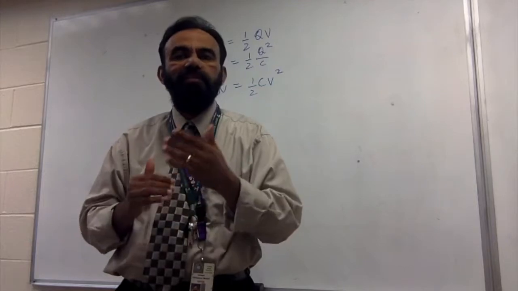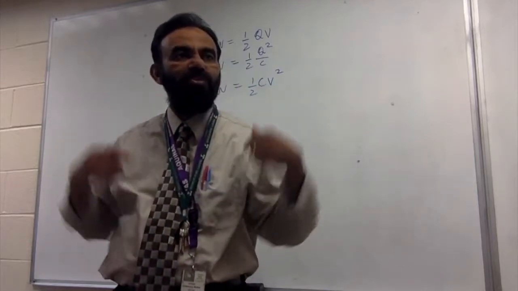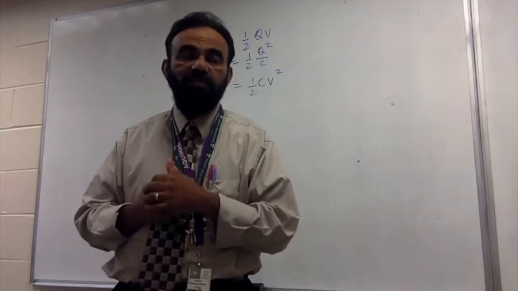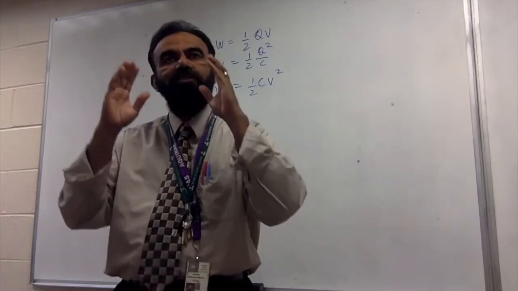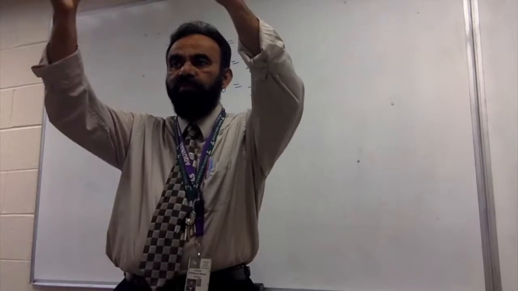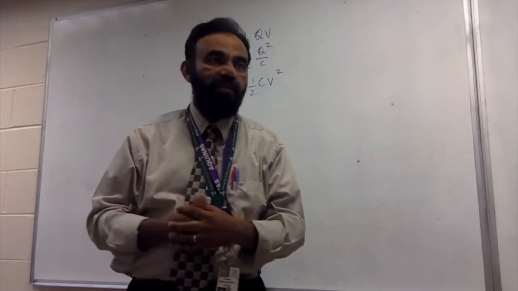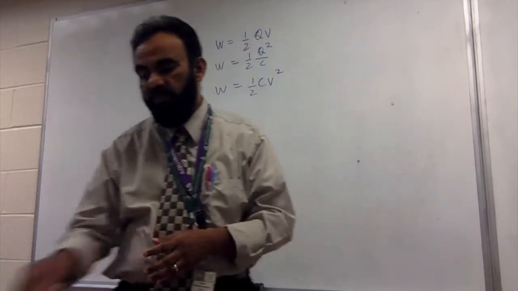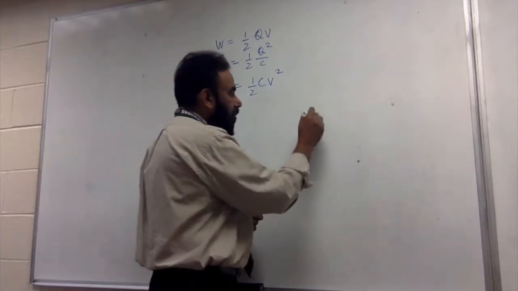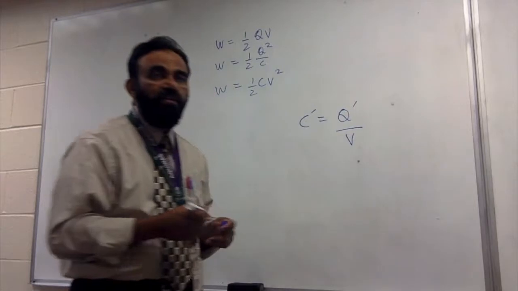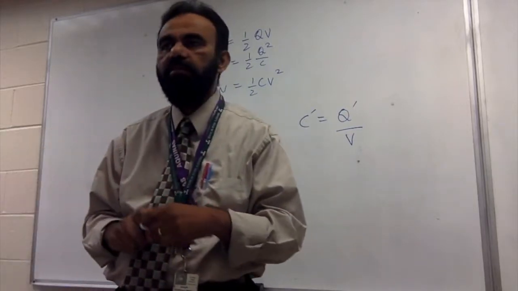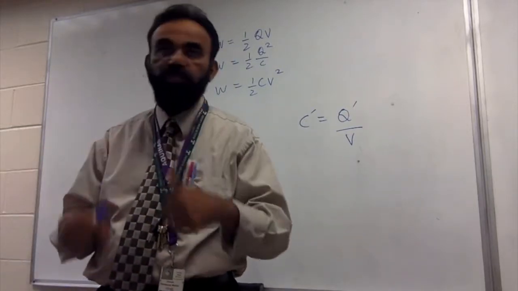So there will be some more charges being pushed into the capacitor, until the overall voltage matches what is applied. Since charge is increasing, the new capacitance is going to be affected by the new charge. The potential difference across the capacitor is the same as what is being applied.